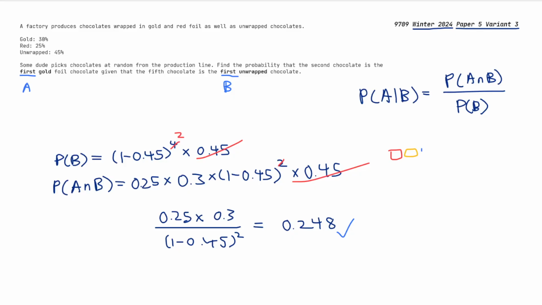Because as outlined in A intersection B, if you use Bayes' theorem, then you know that the probability that we get a red chocolate, a gold chocolate, and red or gold, and then an unwrapped chocolate is going to be A intersection B. If we divide all of this by the probability of B, which is just going to be wrapped chocolates and then getting an unwrapped chocolate, then you'll get the right answer.